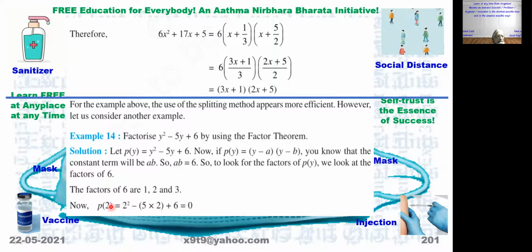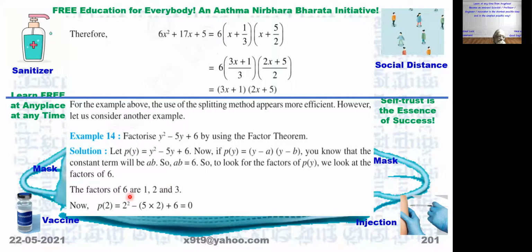So 2 is one suitable number. So the factor will be y minus 2, because y is the variable we have used here, and we have substituted y is equal to 2 in this polynomial to get 0. Similarly, suppose we substitute 3 here, what happens? 3 square will be 9, minus 3 into 5 will be minus 15, and there is plus 6.